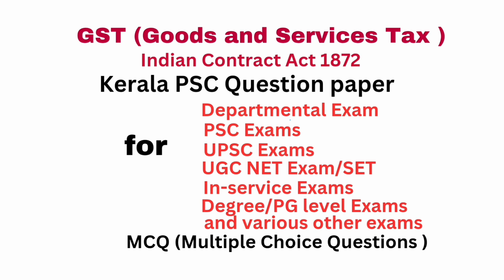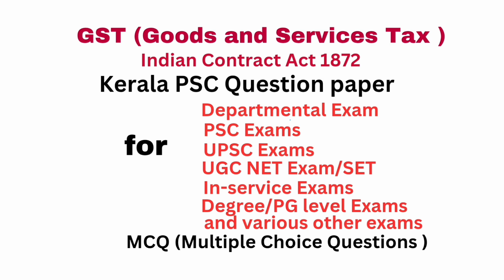Option A, 10,000 rupees. Option B, equal to 10% of the tax due from such a person. Option C, 1 or 2, whichever is higher. Option D, none of the above. Correct answer, option C. That is, 10,000 rupees or 10% of the tax due from such a person, whichever is higher.